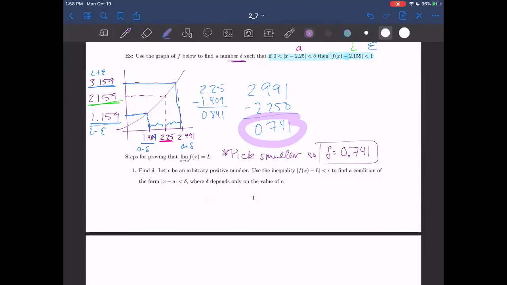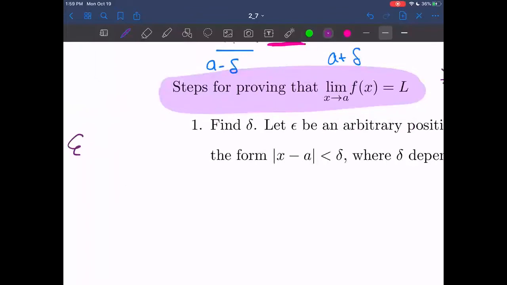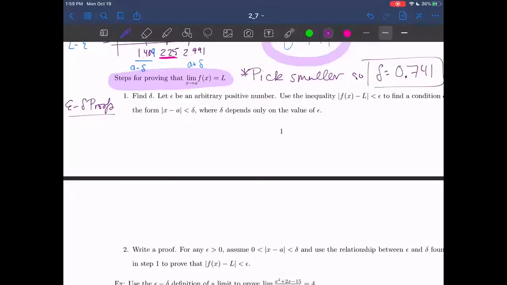The other big thing with these questions is if we want to prove using this definition that the limit as x approaches a of f of x is equal to L. These are called epsilon delta proofs. All that means is we're going to find a delta, calculate it, and then write a proof, or mathematically show, that this is true.